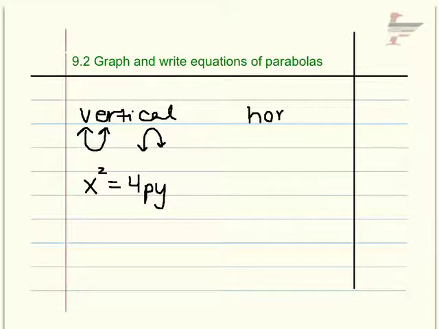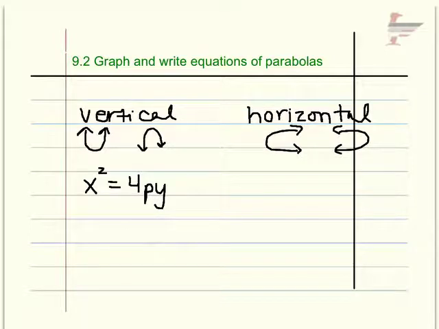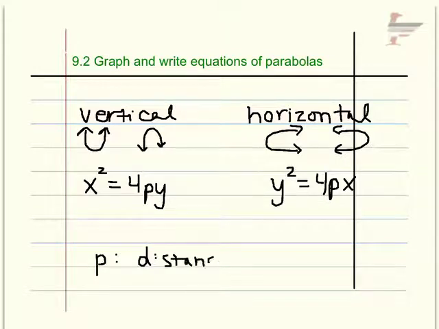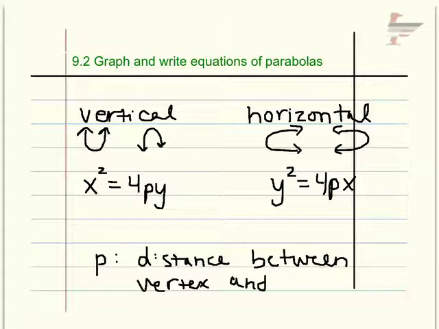If it's a horizontal parabola, like opening to the right or to the left, then you're going to have y squared equals 4px, so just the reverse of the vertical. Also remind yourself p is the distance between your vertex and focus point.